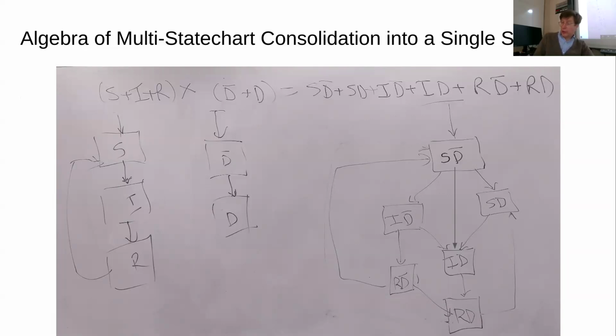This state chart on the left, this normalized state chart, does contain the same information as this one on the right. So the one on the right contains the same information, but in a way that is more, how shall I say, more verbose. It is less compressed. It's less parsimonious.